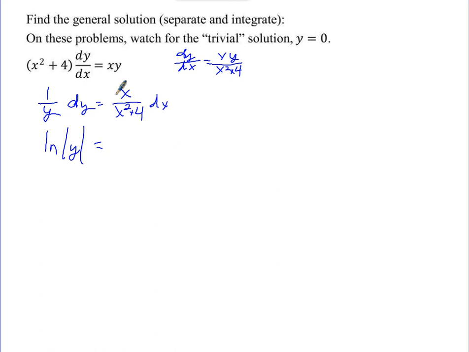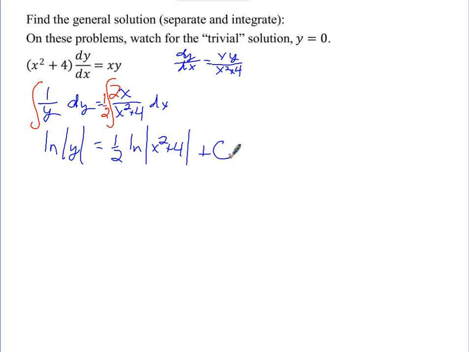We have almost a u prime over u situation here. We need a 2 there, which means I need a 1/2 out front so that when I integrate this, I do have the u prime over u. So that makes 1/2 what? Natural log. I'll put it in anyway. x squared plus 4 plus c.